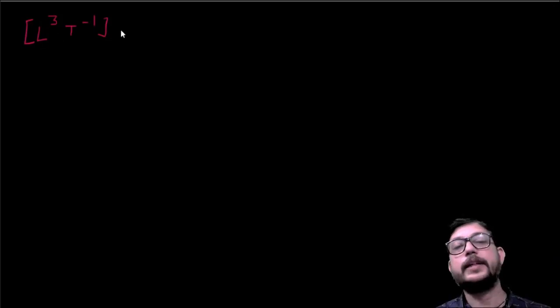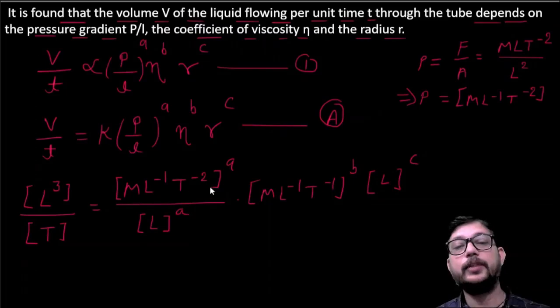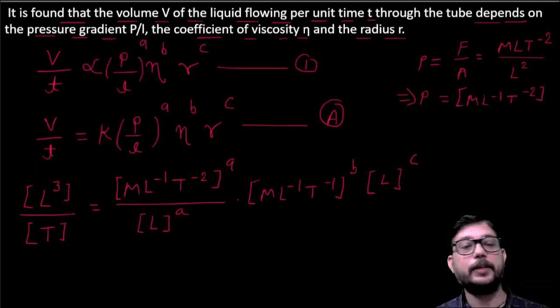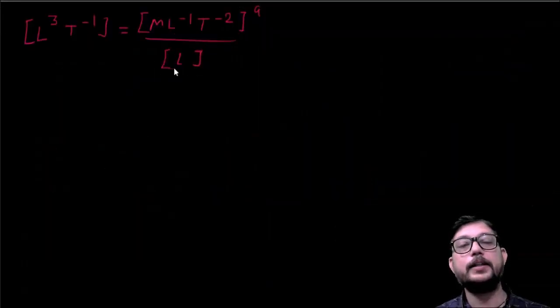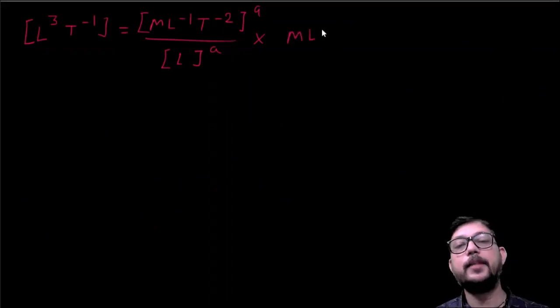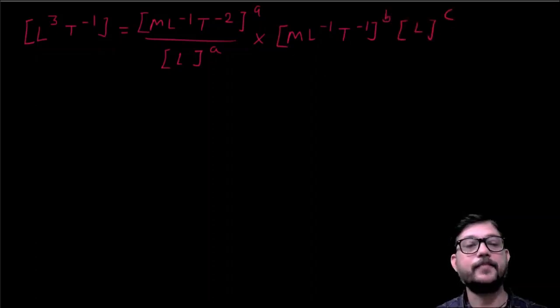That will be one side of the expression, and the other side is M L minus 1 T minus 2 to the power A, divided by L, and the power will be A, into M L minus 1 T minus 1 to the power B, and then L to the power C, as you can see here.